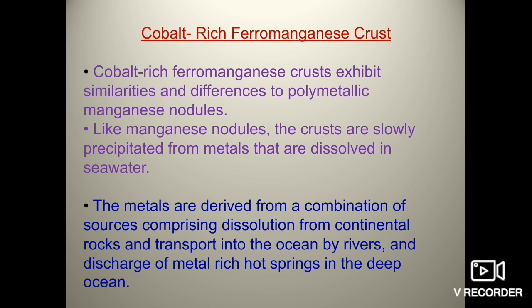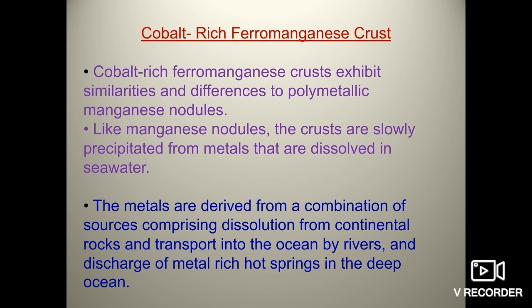The metals are derived from a combination of sources comprising dissolution from the continental rocks, transport into the ocean by rivers, and discharge of metal rich hot springs in the deep ocean.